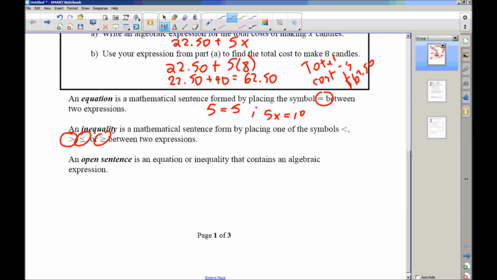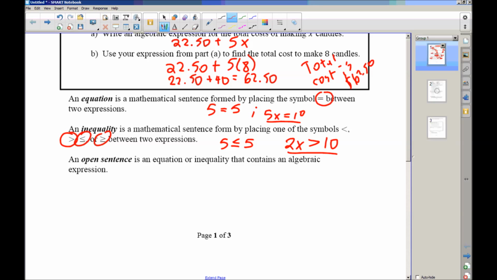Okay, so for instance like this, 5 is less than or equal to 5, or 2x is greater than 10. Okay. And an open sentence is an equation or inequality that contains an algebraic expression. So in both cases, the second two were open sentences because we could figure out what the missing variable is by using some algebra for it.